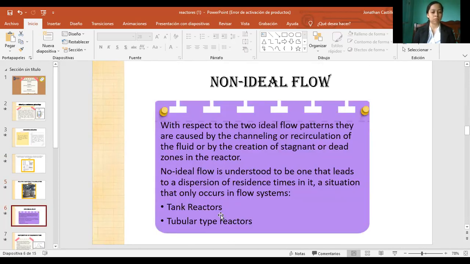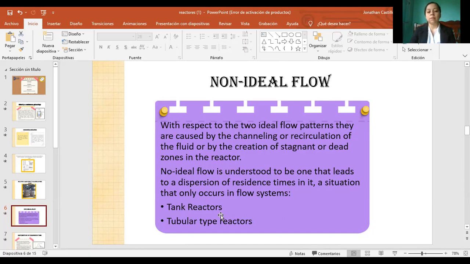Non-ideal flow, with respect to the two ideal flow patterns, is caused by channeling or recirculation of the fluid, or by the creation of stagnant zones in the reactor.